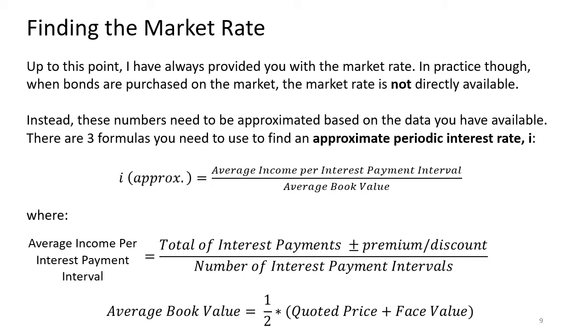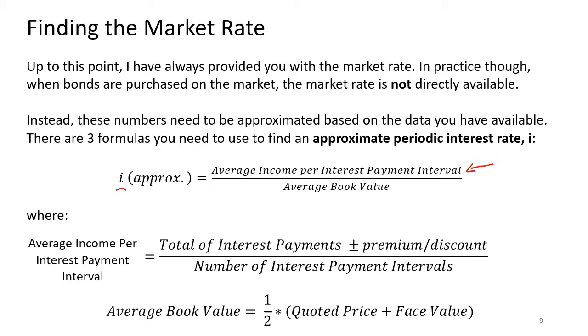So what we need to do is we have to actually use the information that we have to approximate that market rate or approximate that periodic interest rate, okay? And there's a few calculations we can use for that, okay? In general, the approximate periodic interest rate is equal to the average income per interest payment interval, which I'm going to explain in a second, divided by your average book value. Okay?